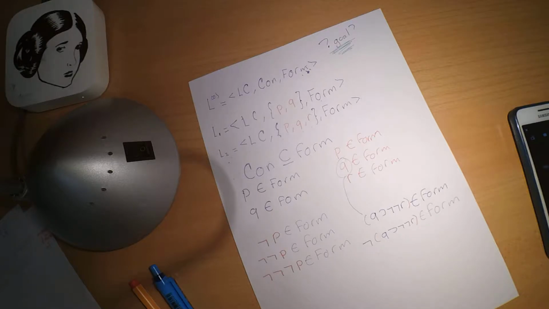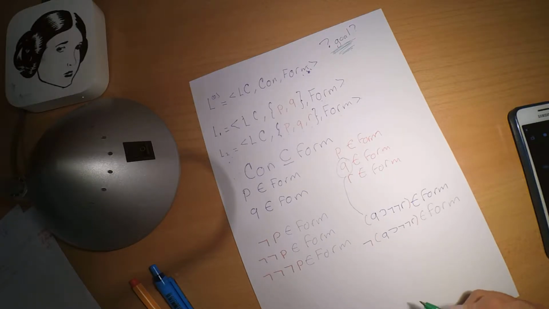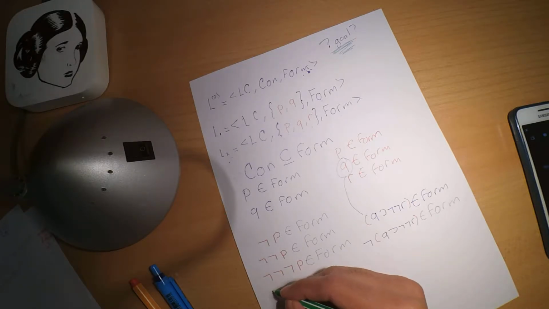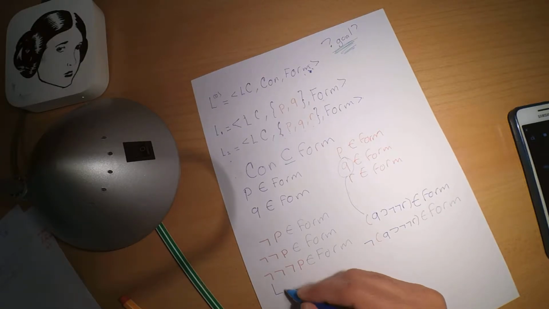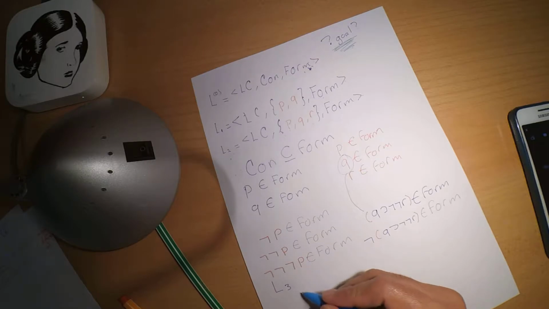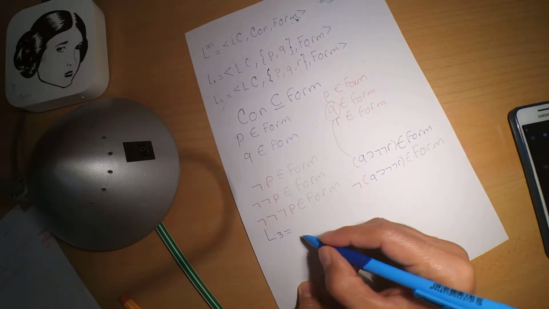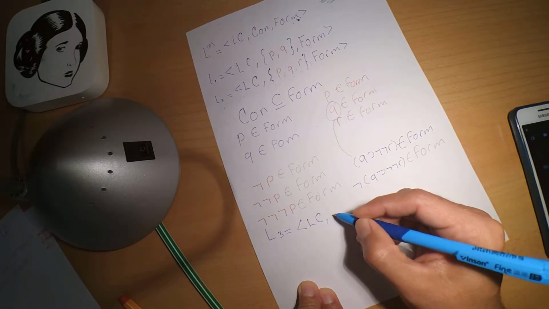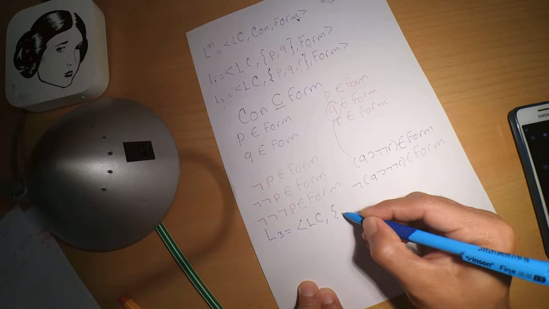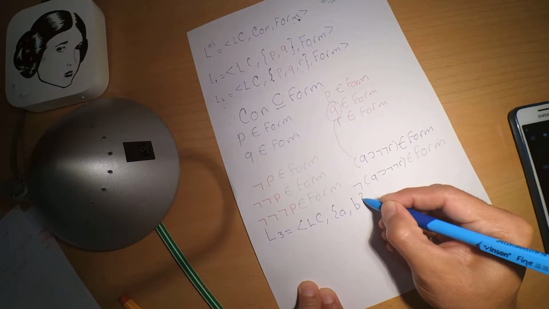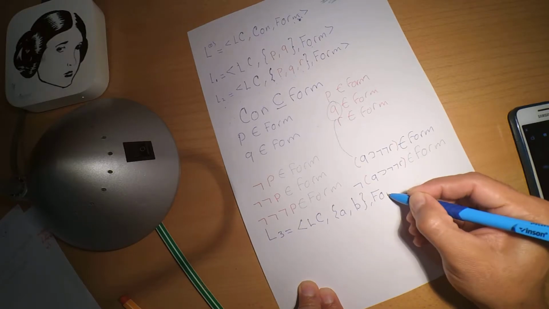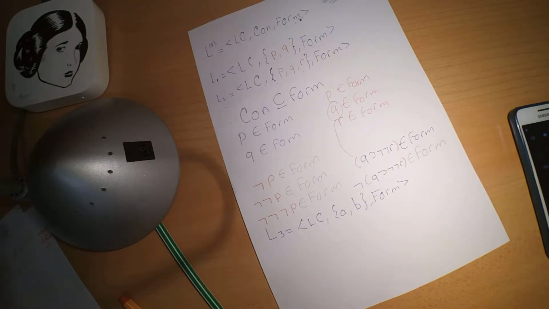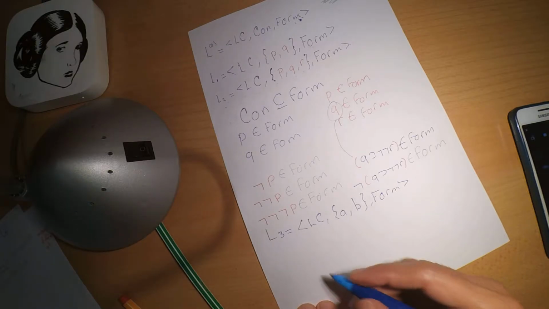Now, let's clarify this with another special language. I'm going to write down L3. L3 is equal to the logical constants, and in the non-logical constants I'm going to create A and B. I close it, and the form. We are going to make some special language, and our goal is to find forms.